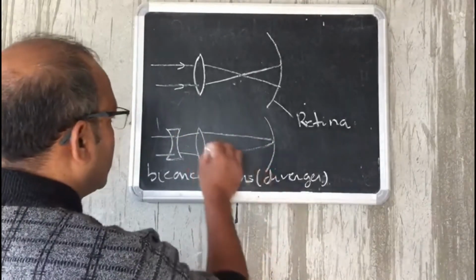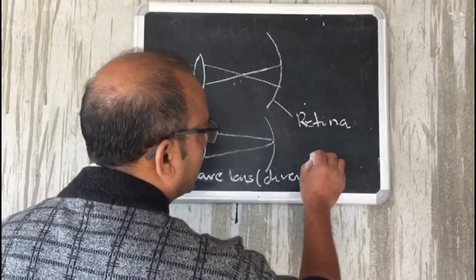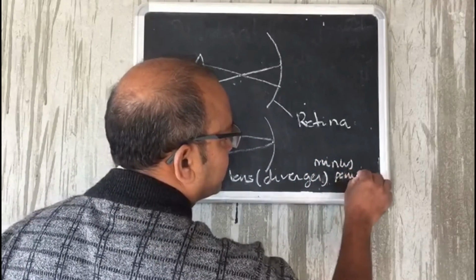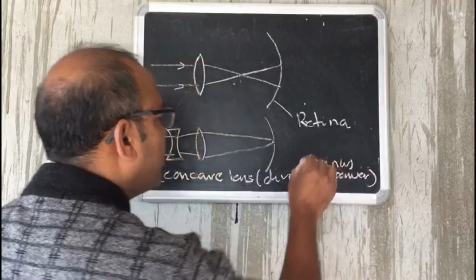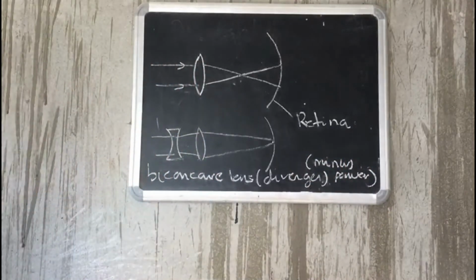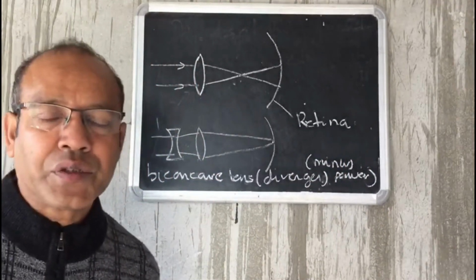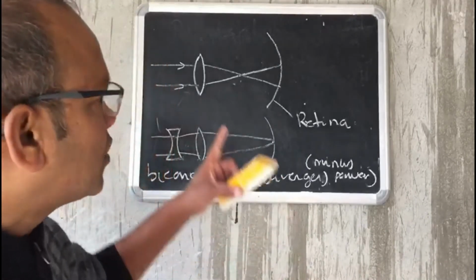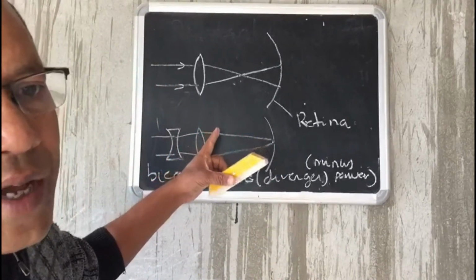This is minus power. When we use a concave lens, then it is minus power. When we use a convex lens, then it is plus power. This is the case of myopia.